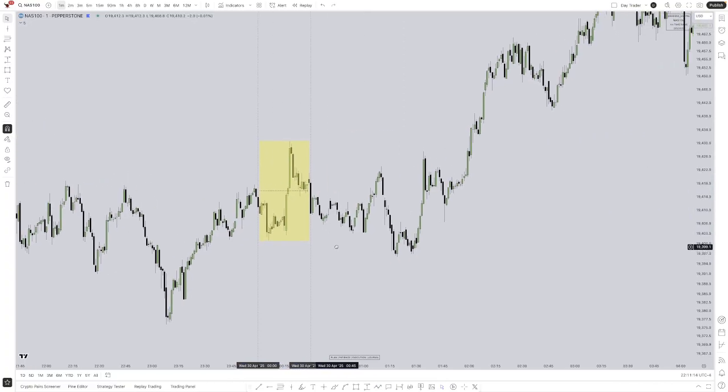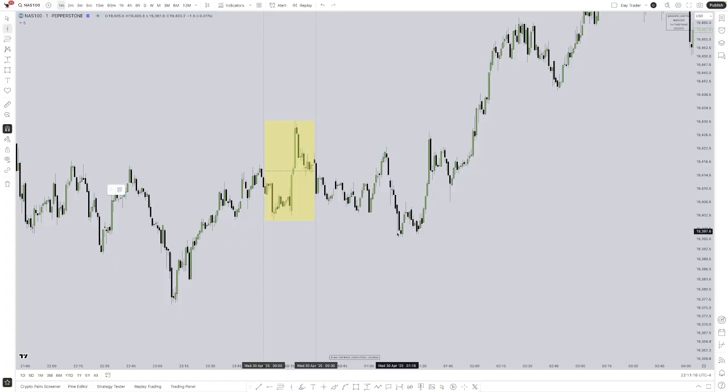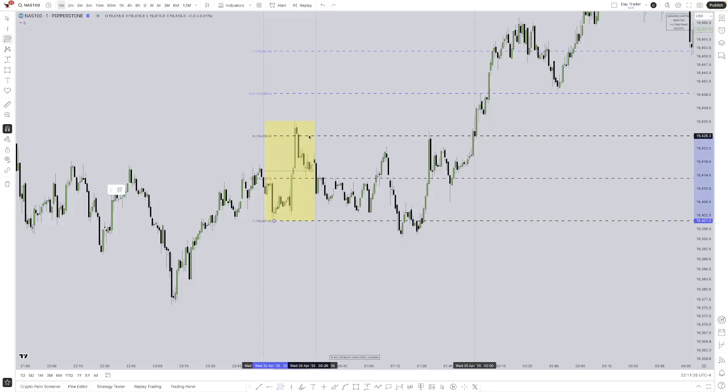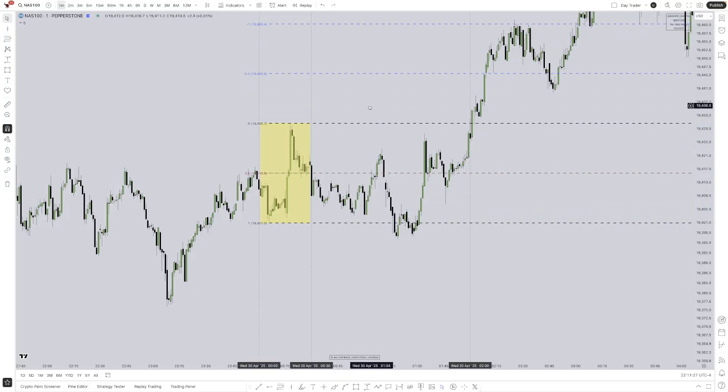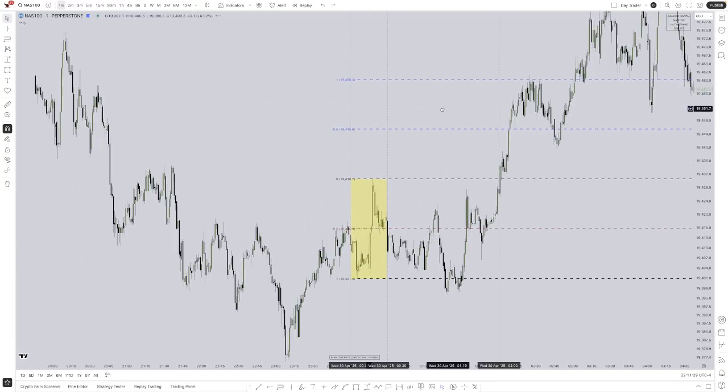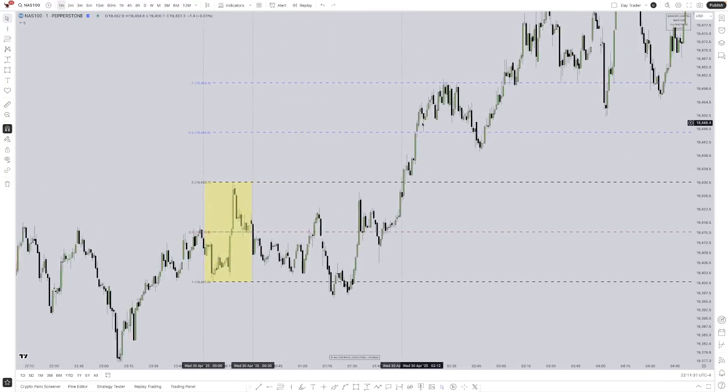All right, so you're going to be trading London. Let's say 2 o'clock. Where is 2 o'clock? Let's see, and this is going all the way up, right? So this can be used for targets as well. All right.